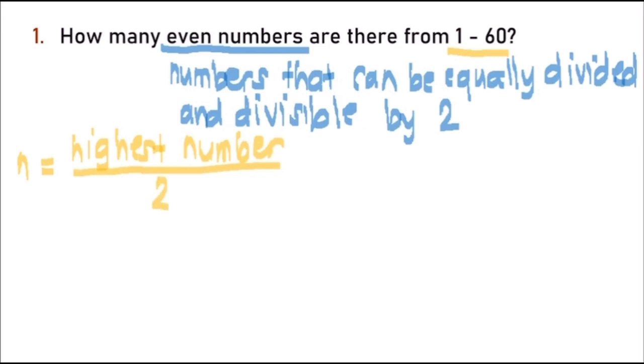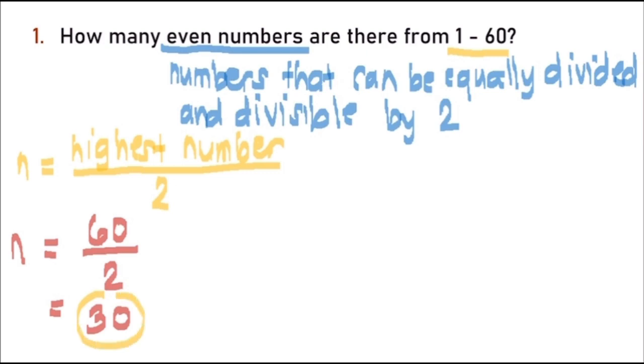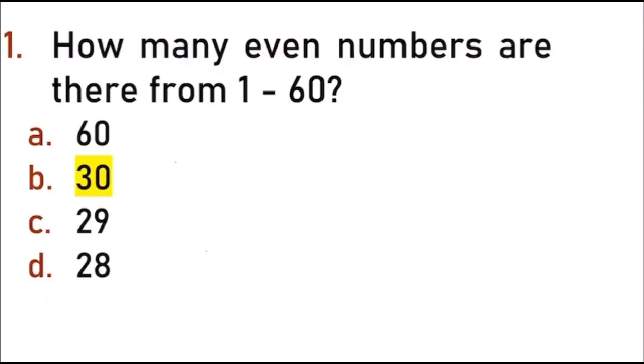Yung highest number natin dito is yung pinakamalaking number or yung end ng range. So n would be 60 over 2, which is equal to 30. So yung number of even numbers natin from 1 to 60 is 30, which is B.